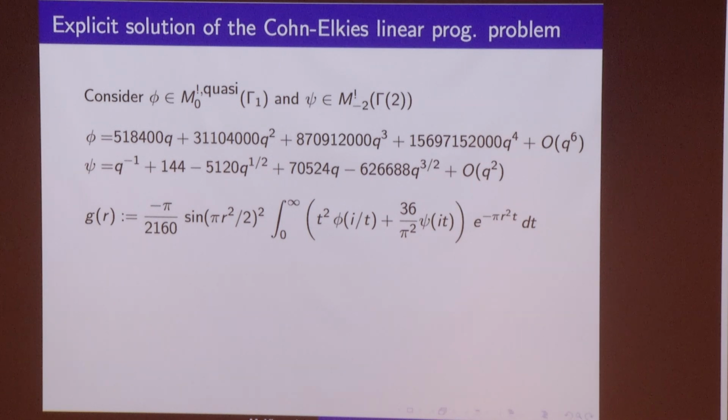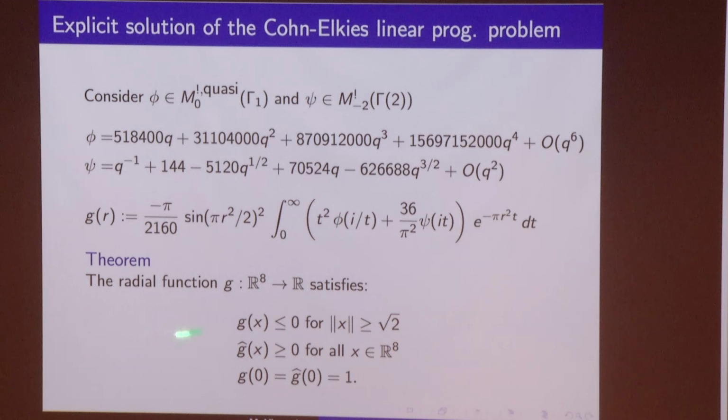And so what we will prove is that this function is the function we are looking for, so that it satisfies these two inequalities and also has these values at 0. So the function g itself and its Fourier expansion have these values at point 0. And so now, how do we do this?